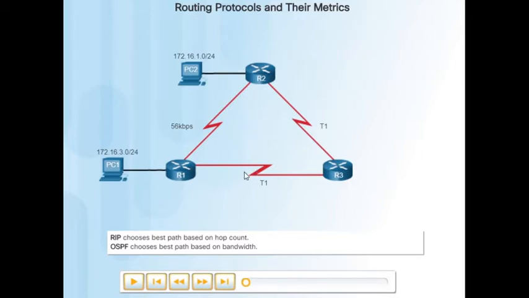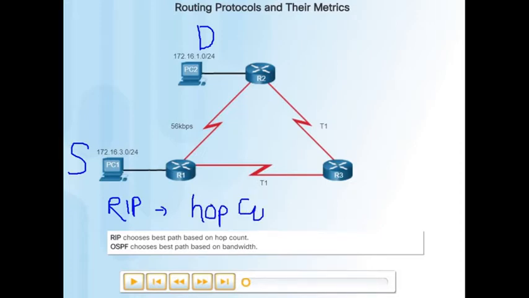So for example, let's say this would be our source network and this would be our destination network. RIP chooses the best path based on hop count from source to destination.